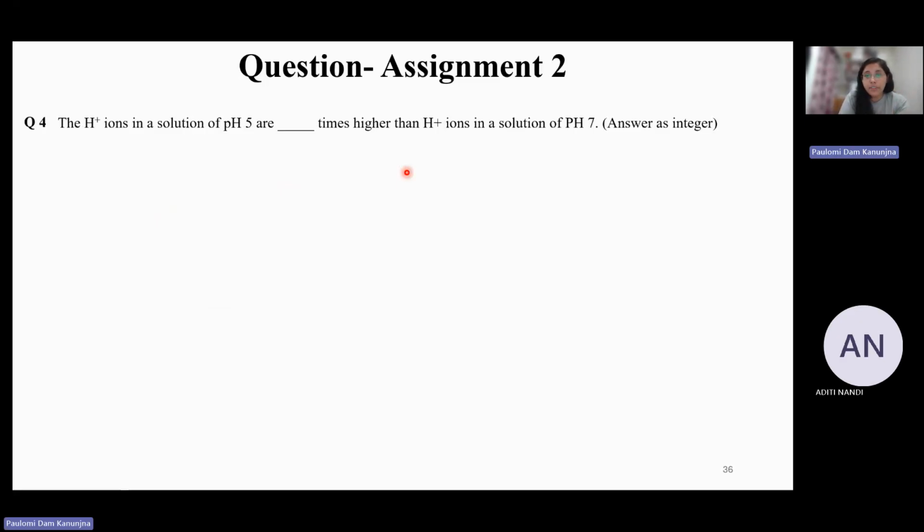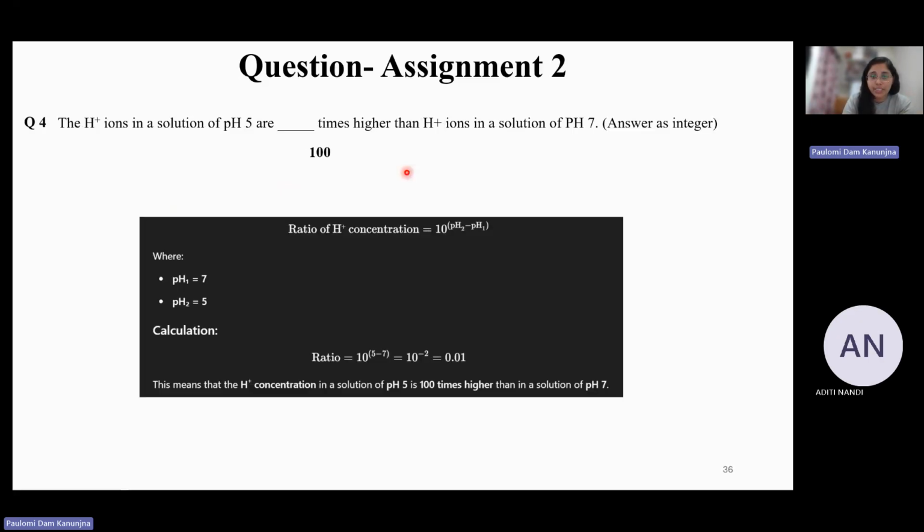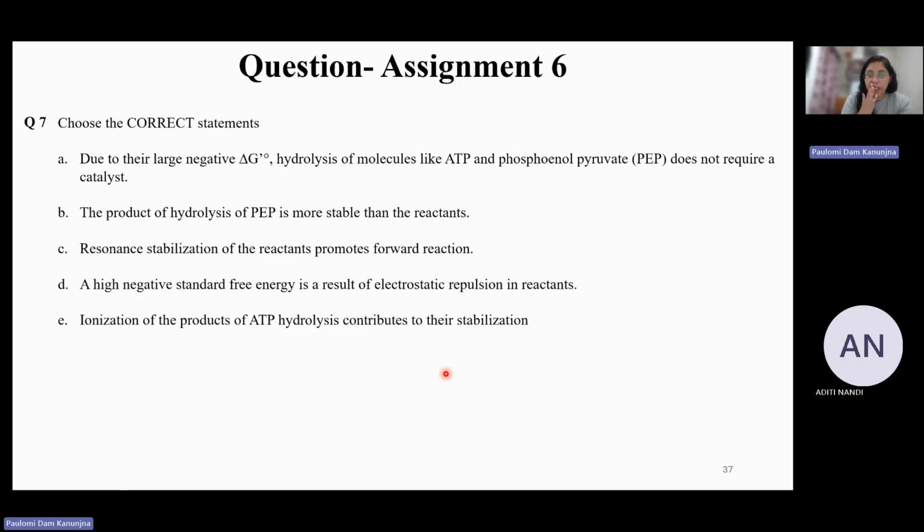And if you have pH 7, then what is the H plus concentration? And how many times higher is one than the other? 100. Fantastic. That's great. This is exactly the case here. So you're trying to calculate 10 to the power minus 5 divided by 10 to the power minus 7, which is 10 to the power 2, which is 100 times higher at pH 5. Very, very well done. Okay, next one.